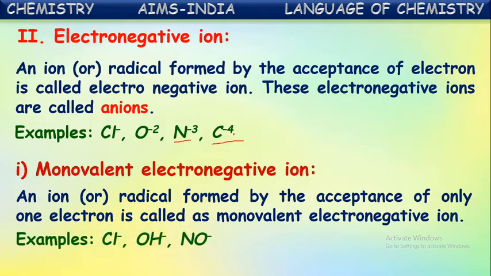For example, chloride ion, Cl minus, F minus, fluoride ion, and OH minus, which is called hydroxyl ion or hydroxide ion, and NO minus ion. If you observe, these all have one unit negative charge. That means they accepted one electron in the formation of these ions. Hence, these are called monovalent electronegative ions.